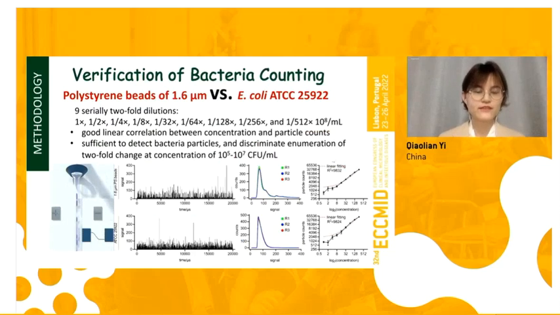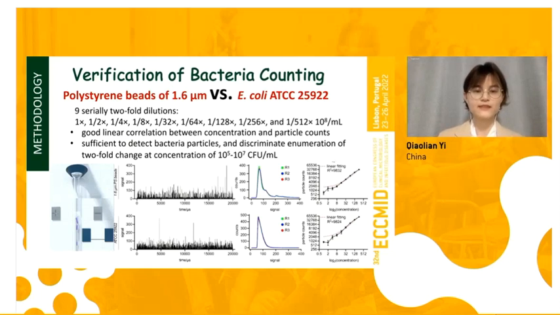To test whether the system is able to count bacteria, two kinds of particles with similar size, E. coli ATCC 25922 and 1.6 micrometer standard PS beads, were chosen to verify this. The gradient of particles went across 9 two-fold dilutions from 10 to the 5th to 10 to the 7th CFU. Similar results were obtained for both particles.